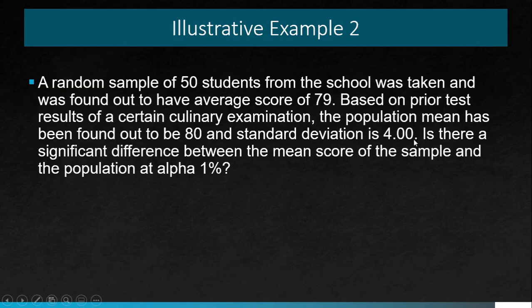We will now check whether or not there is a significant difference between the mean score of the sample and the population, and we'll be using a significance level of 1%.